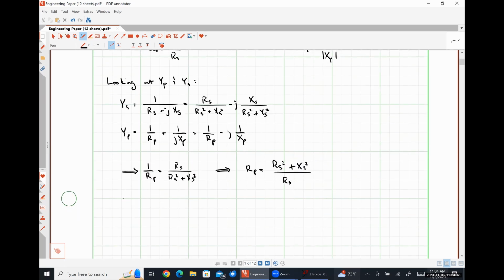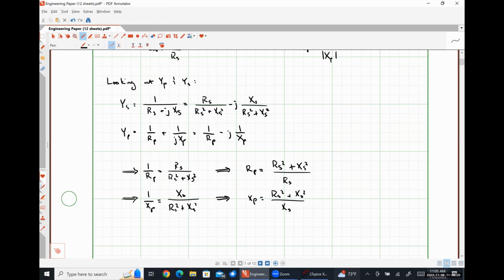And similarly, 1 over X_P is equal to X_S over R_S squared plus X_S squared. Flipping things over, we get X_P is equal to R_S squared plus X_S squared divided by X_S. So that's our transform in one direction, telling us how to get the parallel combination of elements if we know the series combination of elements.